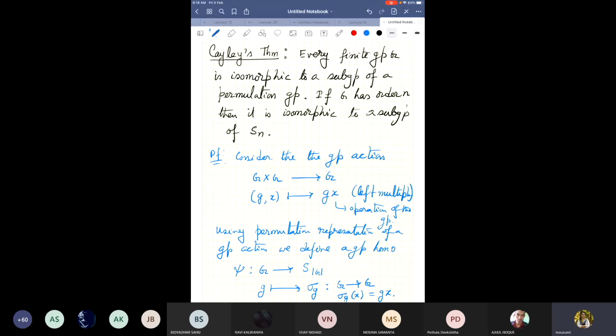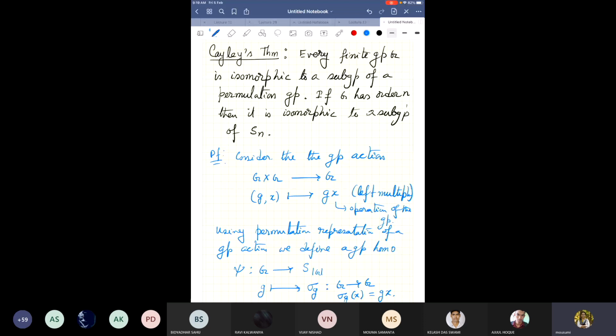Is it okay? So corresponding to each g, I have got a sigma g, where this sigma g is a map from the set G to G defined as follows. I am not checking this; I think I have given you an exercise.